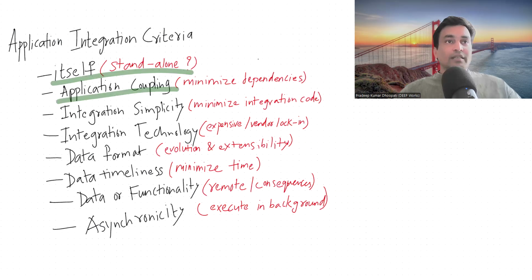The next criterion is integration simplicity. In an enterprise, developers should strive to minimize the changes to the applications which need to be integrated and also minimize the amount of integration code when designing an integrated solution.